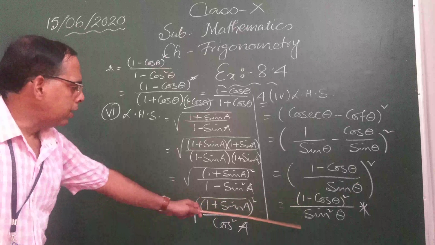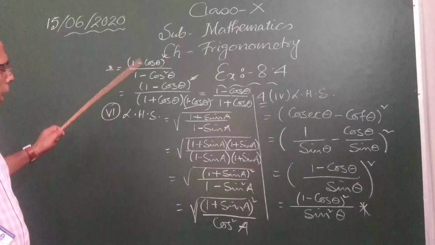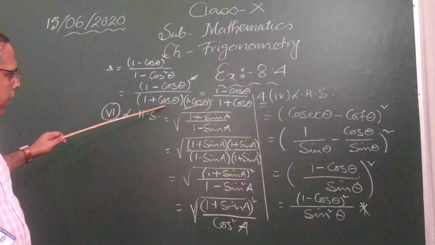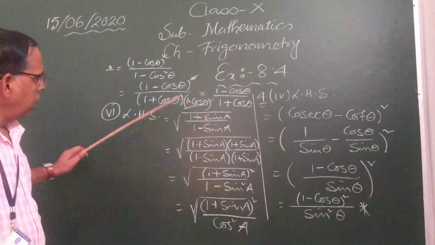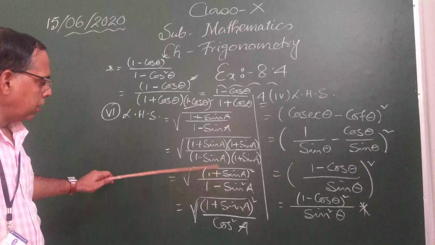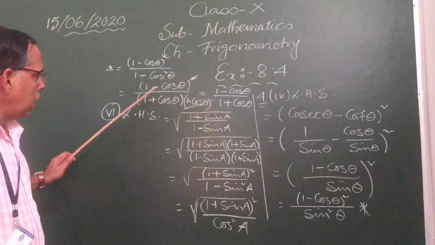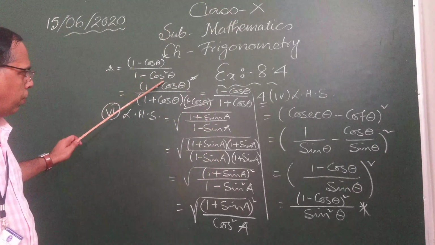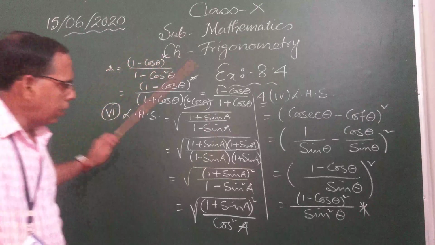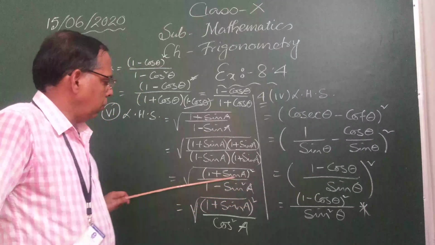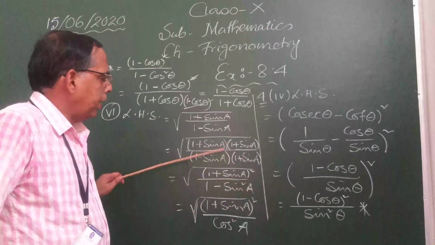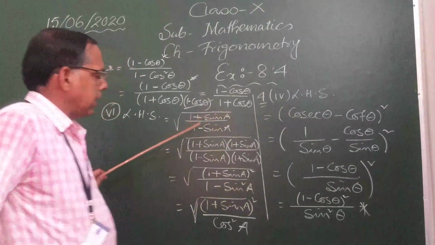So if you see from here onward, this is the square, then this is the rationalization, that after using the a square minus b square formula we got this one, then we got this one, and then finally we reach this step.